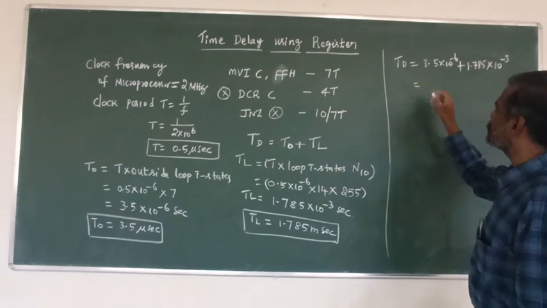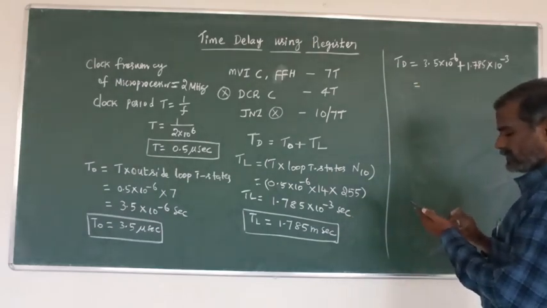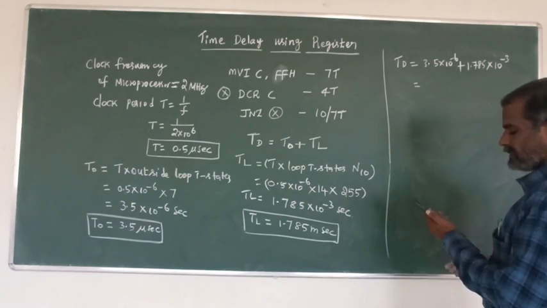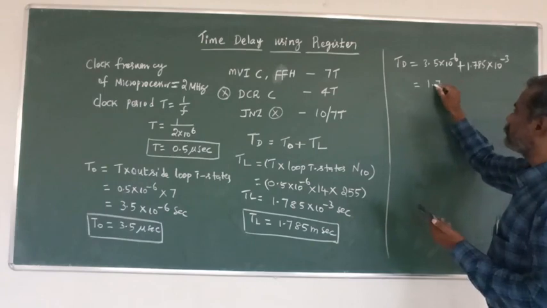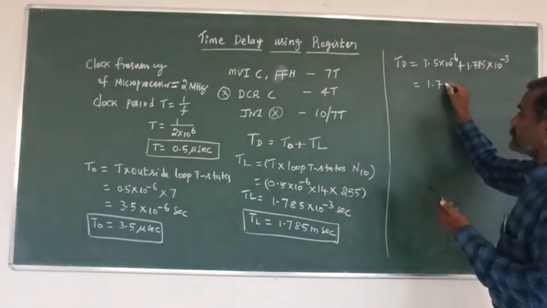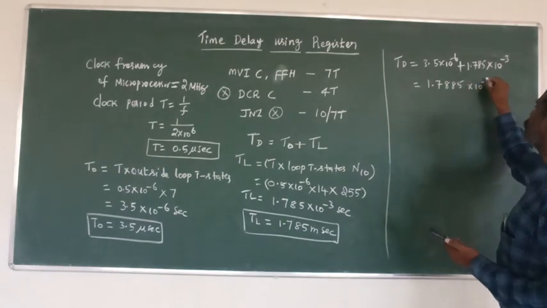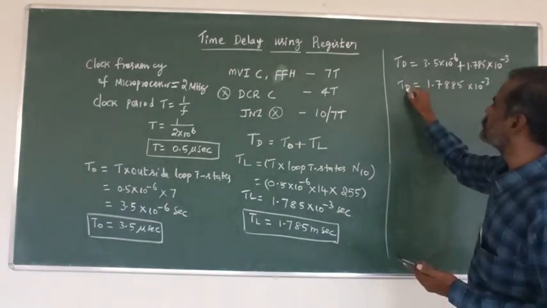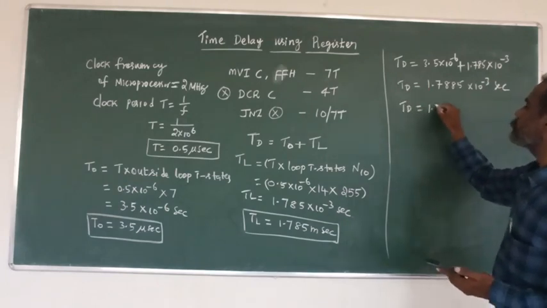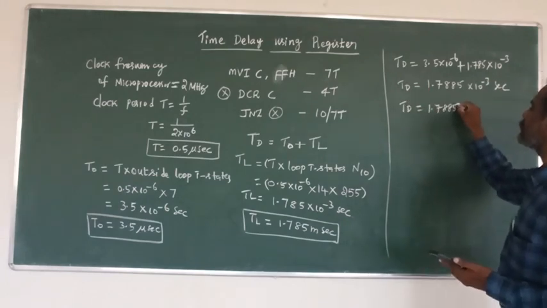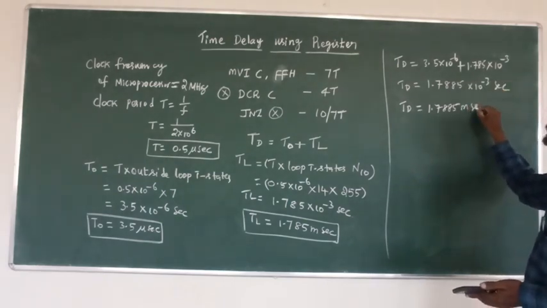Now add these two. This is for TD. Now TD equals 1.7885 into 10 to the power of -3, which means milliseconds.